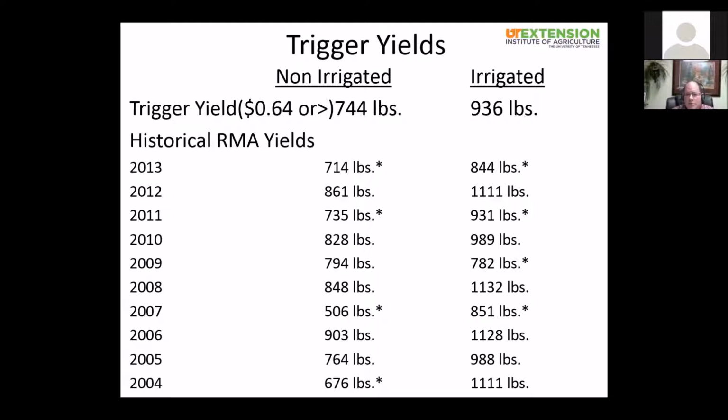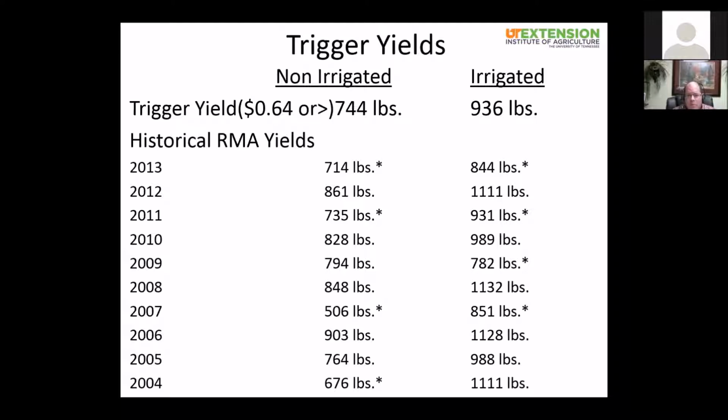Now, I pulled up some historical RMA yields, and you can see over the last 10 years, if we look from 2004 through 2013, because we don't have 14 yields yet. If we look from 2004 to 13, we'll see that there were 4 years in that 10-year period that the yields were less than 744 pounds.